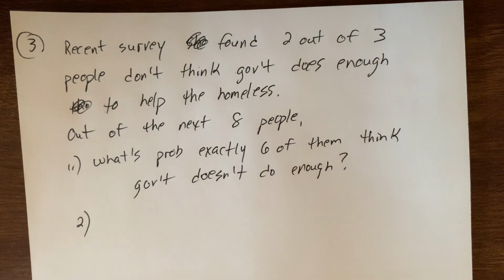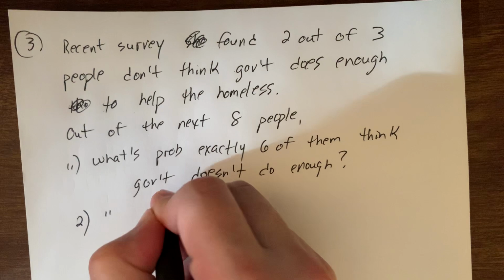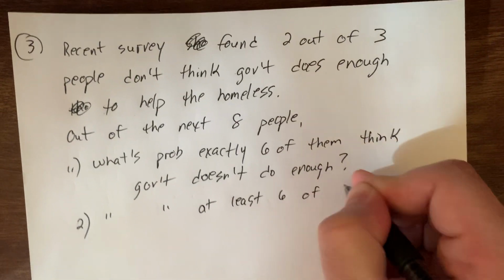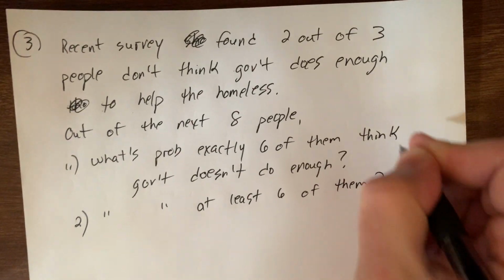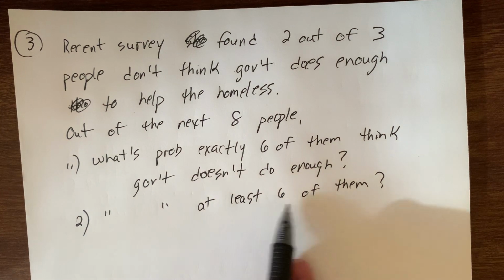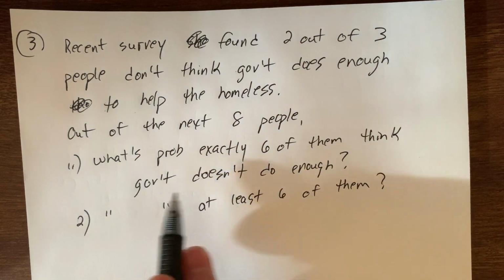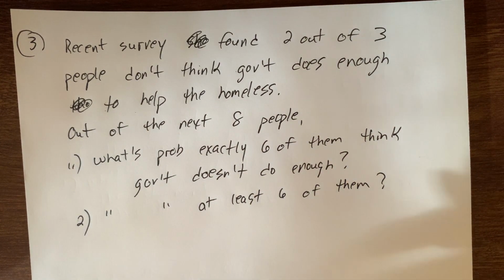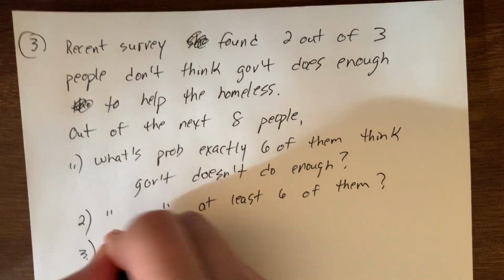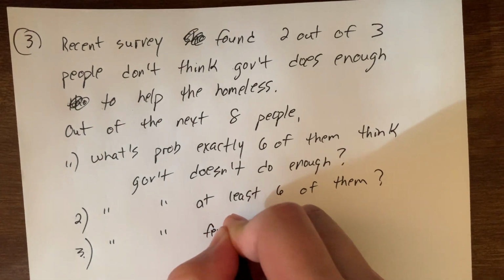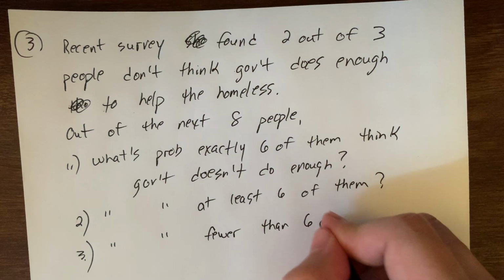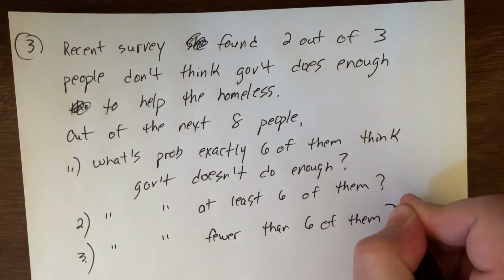Number 2, we'll do what's the probability at least 6 of them. Again, same thing, I'm just abbreviating. What's the probability at least 6 of those people think the government doesn't do enough to help the homeless? And then last, number 3, what's the probability fewer than 6 of the people think the government doesn't do enough?